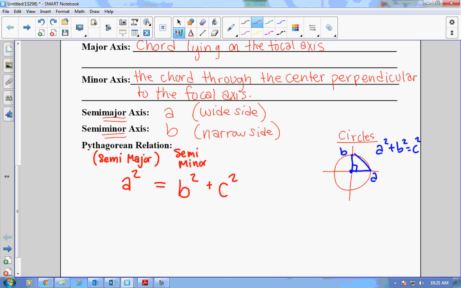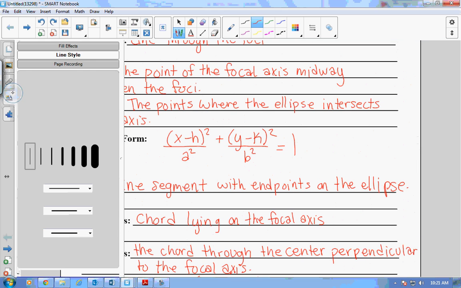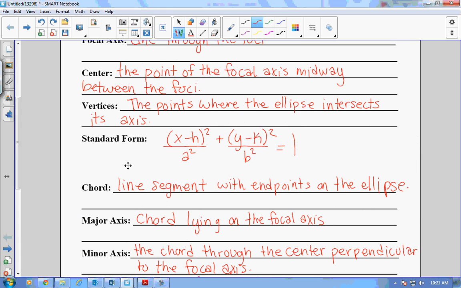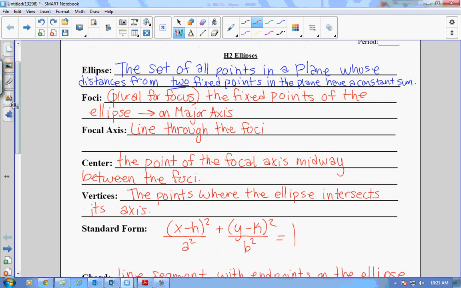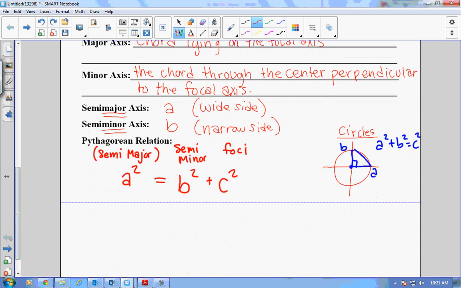C is the foci. We should probably add that to the definition of foci. Go up to the top and put C. So you know what A, B, and C are. The foci, just label it C.